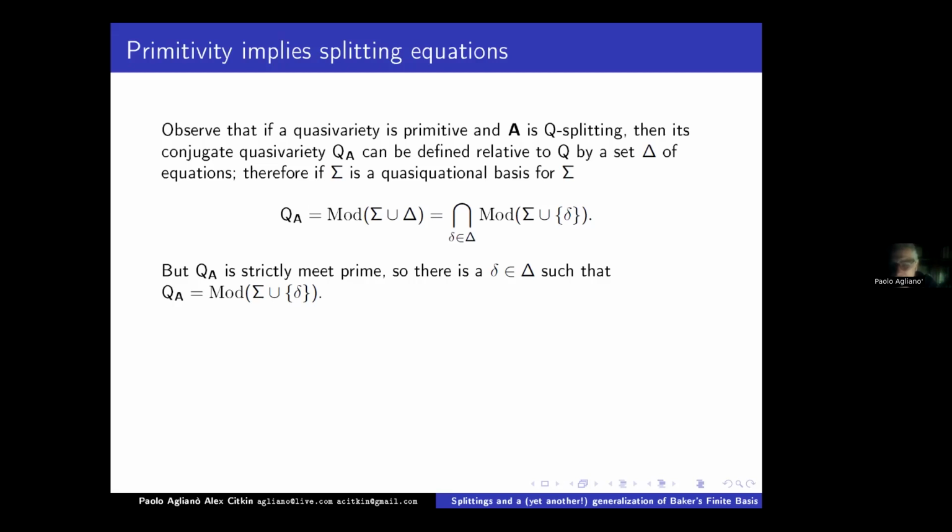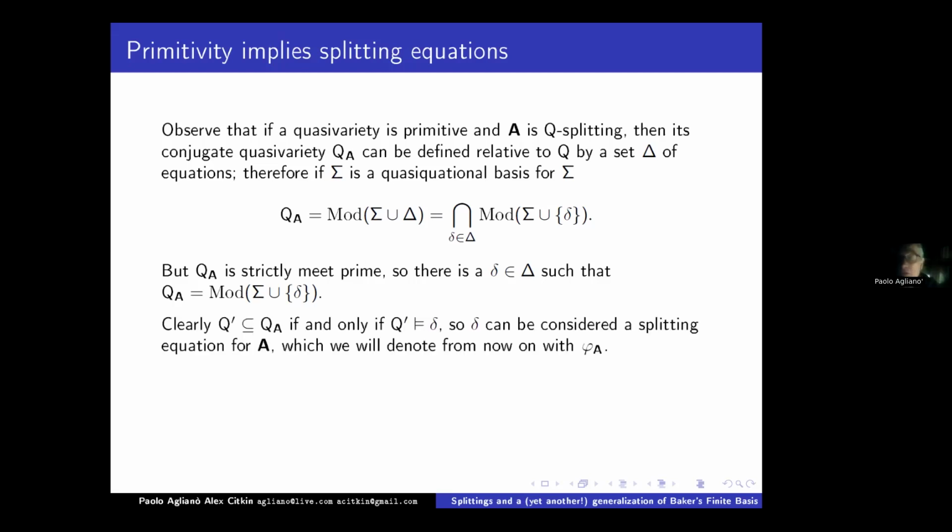Now, the point is that if it is a relative quasi-variety, the conjugate quasi-variety can be defined relative to Q by a set of equations, really. I don't need quasi-equations because I know that the entire quasi-variety is defined by equations relative to Q. So I don't have a splitting quasi-equation. I do have a splitting equation. That's the point.